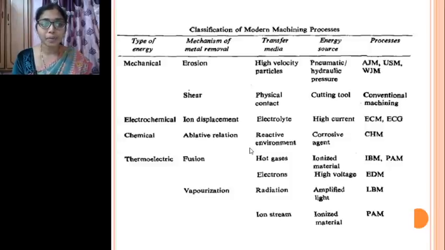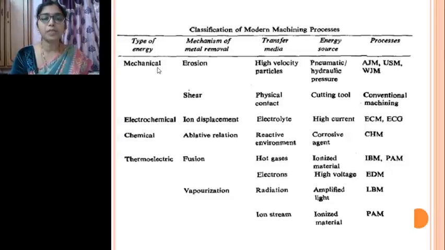Whereas in an unconventional machining process, there are different types of energies that are used, not only mechanical energy. Here we can also use chemical energy, electrical energy, or a combination of two or three energies, that is electrochemical, where we use electrical and chemical energy, and thermoelectric, where we use thermal and electric energy.